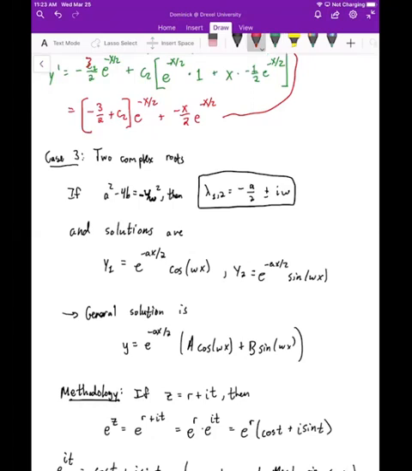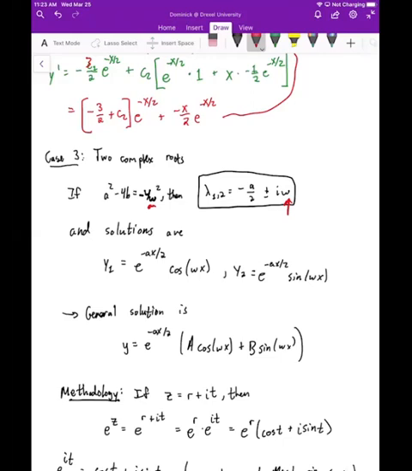Okay, so the idea is, I'm basically just using this omega here as a placeholder so that I can write the general form in a nicer way. So this omega is basically the complex part of your solution. So we can say that our two eigenvalues are negative a over 2 plus or minus I omega.